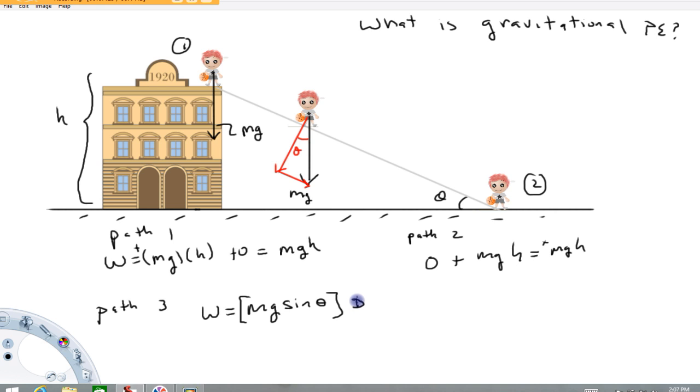Now, you'll notice that so far this looks quite a bit different than the first two. However, if we inspect the trigonometry of this geometric triangle right here, keeping in mind that here's an angle theta and I've called the hypotenuse d, sine of theta is equal to h over d.